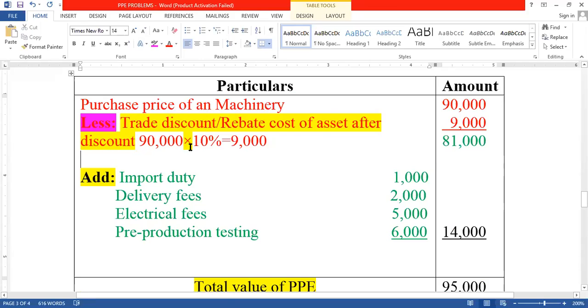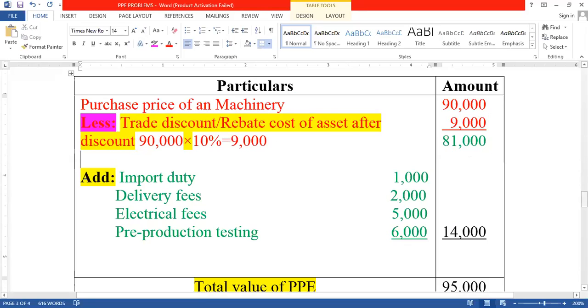When we calculate 10%, how much do we get? 90,000 into 10% is 9,000. This 9,000 will be deducted from the purchase price of the machinery. So 90,000 less 9,000, how much do we get?